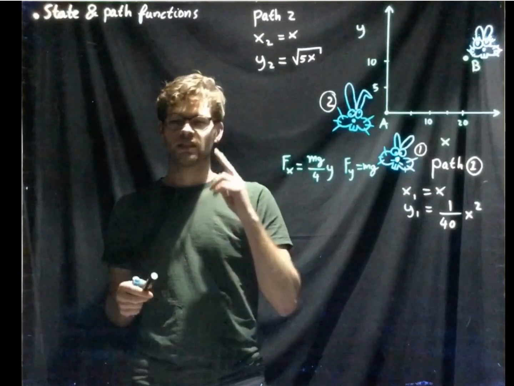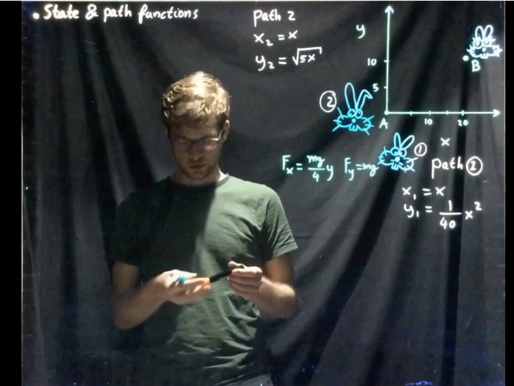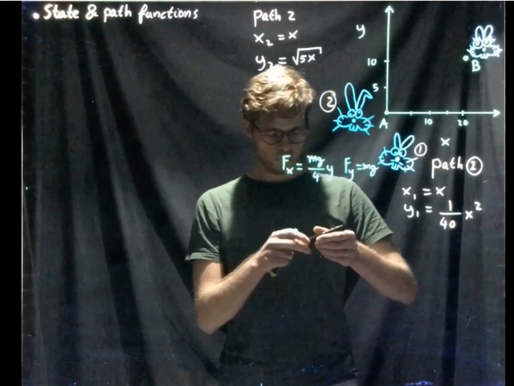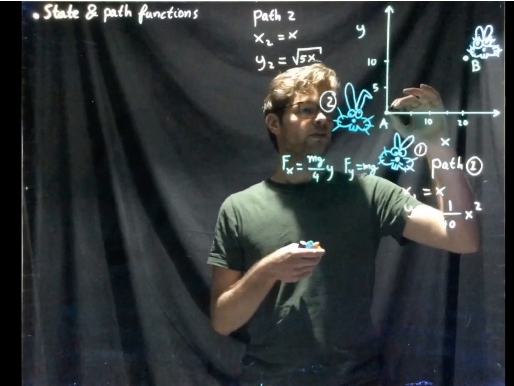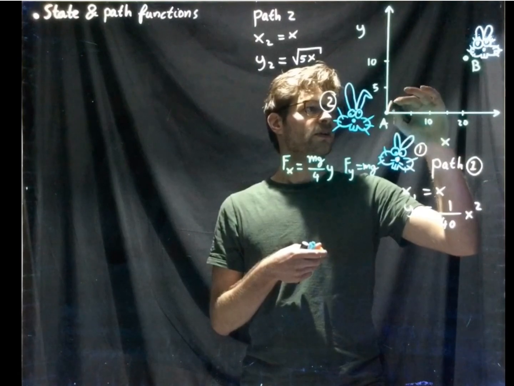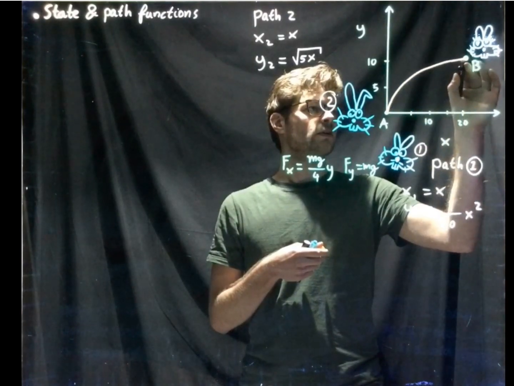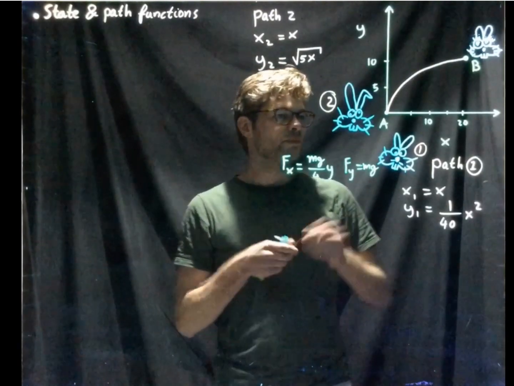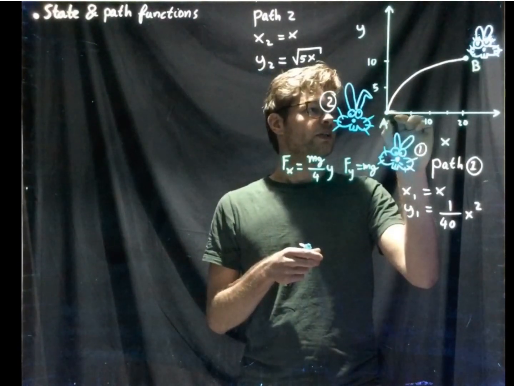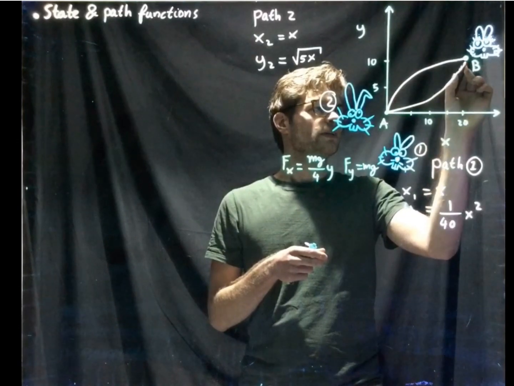There are actually two paths which they can choose, and rabbit 2 chooses to use path 2, and path 2 looks like this. Rabbit 1, however, chooses the other path.